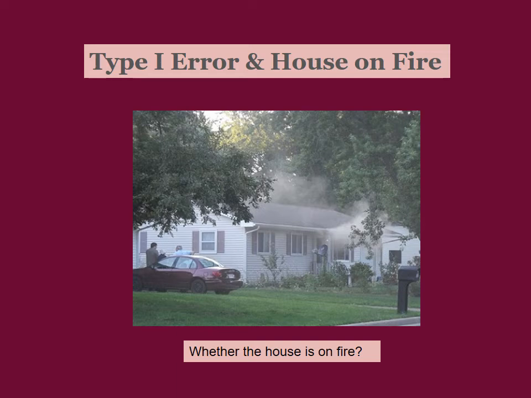Or otherwise, smoke is coming from the kitchen because someone is cooking some particular food. Sometimes the house is on fire, or inside the house they are cooking some food. Those are the two outcomes that can come. Then we'll see how this type 1 error can happen.